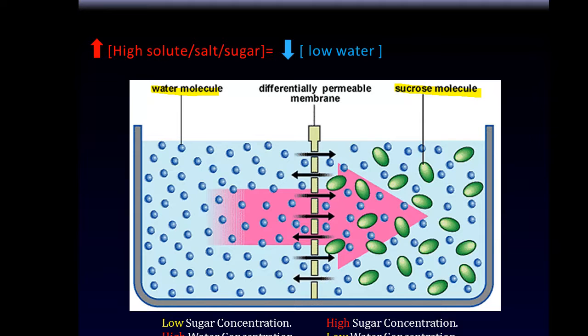and we already know from a previous lecture that sugar molecules don't cross the membrane. And this happens to be a differentially permeable membrane. Another way of saying that is selective permeability, similar to the plasma membrane. So this is no ordinary membrane. It's a membrane that resembles the plasma membrane in that it allows water to go across, but it does not allow sugar or solute to get across.